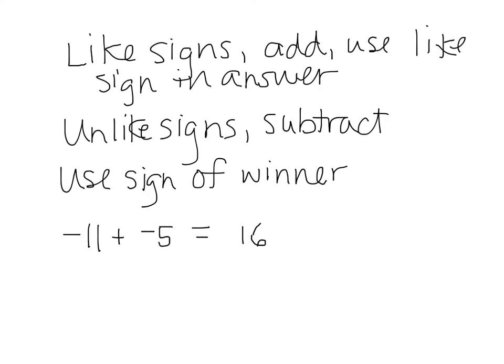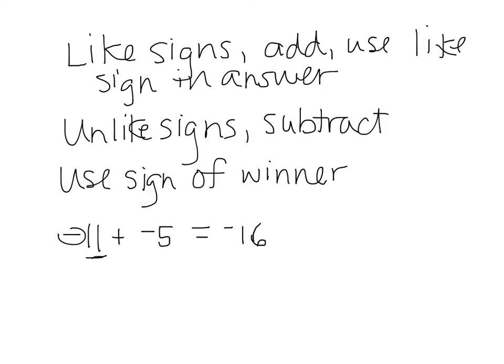And we are using the sign of the greater. If I've got 11 negative checkers, red ones, and I put in 5 more red ones, I've got 16 reds, which means 16 negatives. So we're still going to use the sign of the winner. The winner is 11, the bigger, what we call absolute value, but we'll get there later.